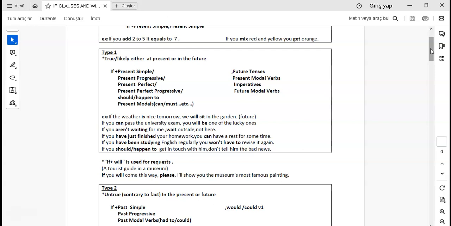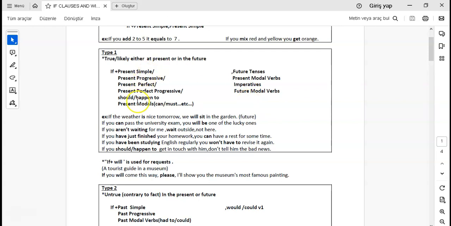We can use will, we can use be going to, we can use will be verb ing, will have verb 3, and we can use the present modal verbs like can, can't, must, and mustn't, etc. We can use the imperatives, that is, do and don't sentences, and future modal verbs. We have two future modal verbs, will be able to and will have to.